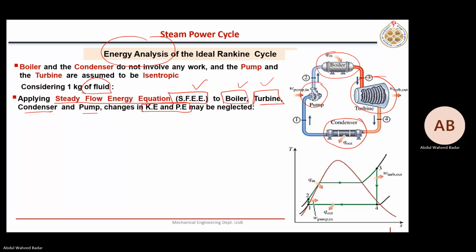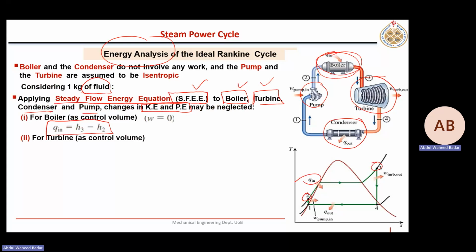components. Okay. So starting from the boiler, this will end up as H3 minus H2 is equal to Qin. No work transfer for the boiler. For the turbine, H3 minus H4 will give us the work of the turbine, assuming no heat transfer.